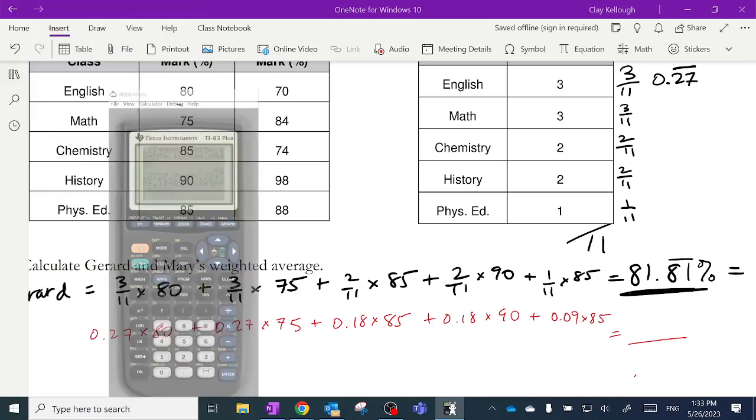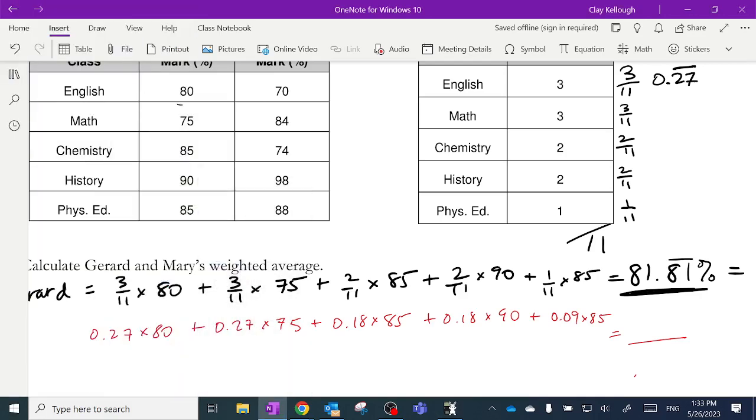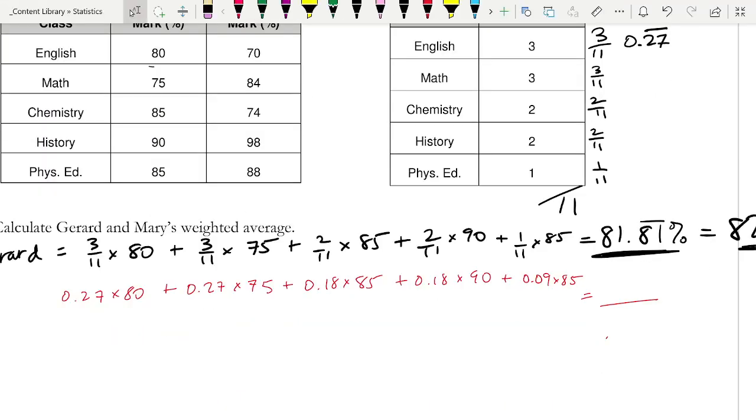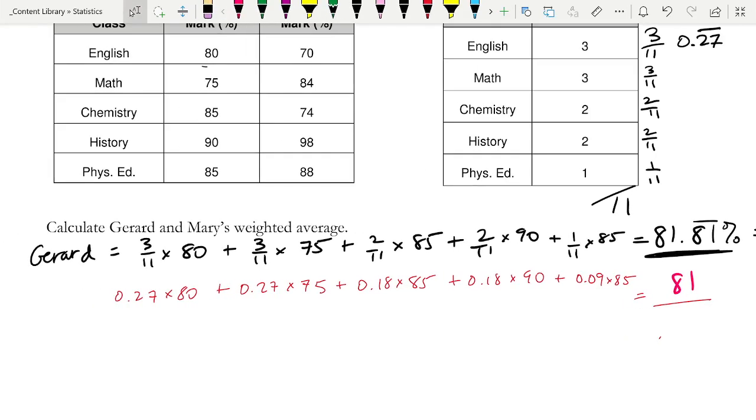The other part of this question that's interesting is, if you did it the red way, and you only got, what was the answer here, 81, you actually can't answer the next part of the question. Because when you do Mary's calculation, so let's do Mary's.